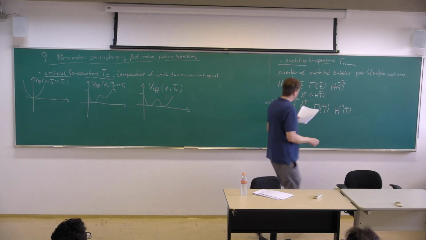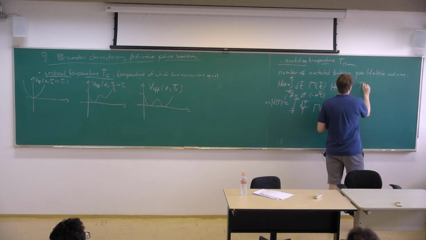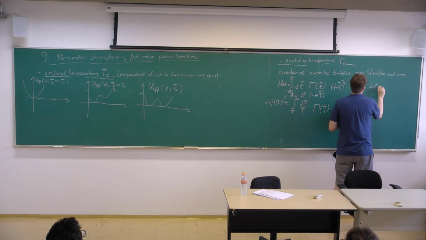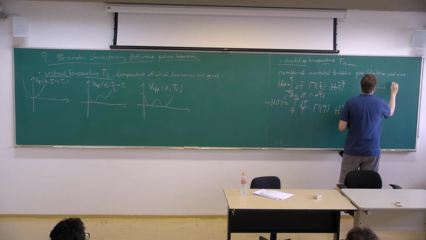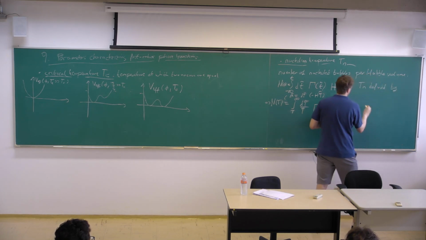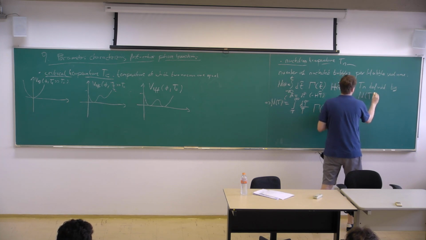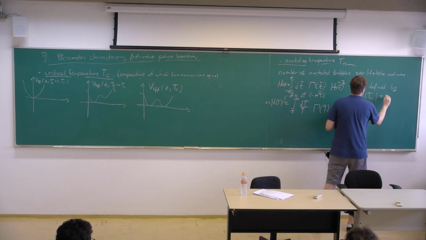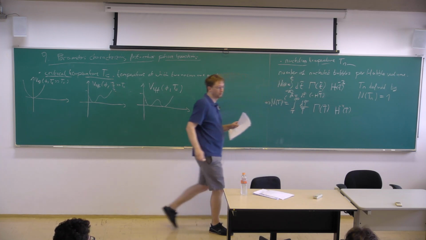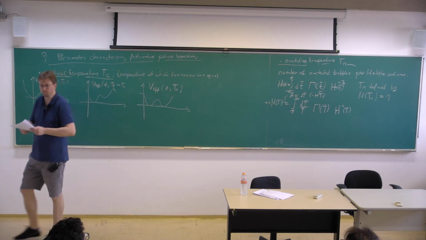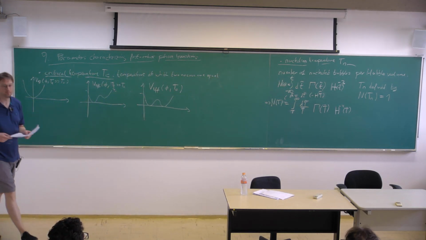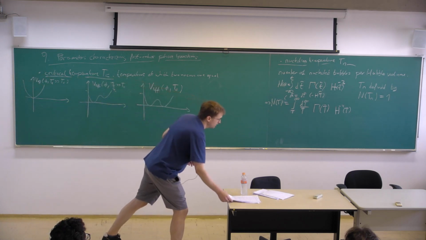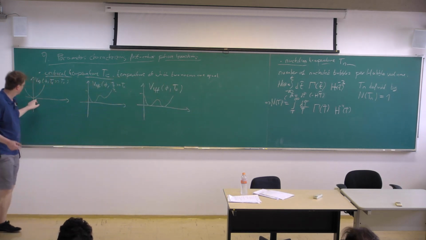Okay, and then we define Tn by the condition that the number of bubbles per Hubble volume is 1. So this is kind of the nucleation temperature. Typically what happens is that at high temperatures you cannot tunnel at all.